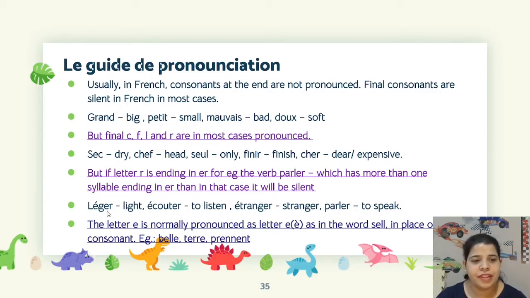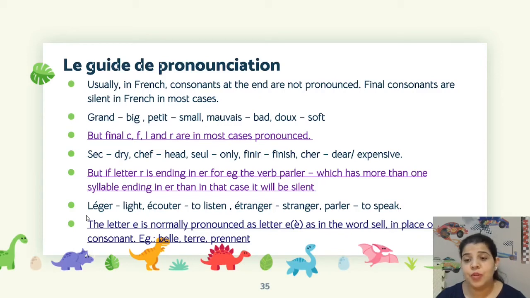Like this one here, R is the final consonant of the word, but we are not pronouncing it because the word léger has more than one syllable. Do not forget, guys, this E with an accent aigu is pronounced as A and ER also as A.